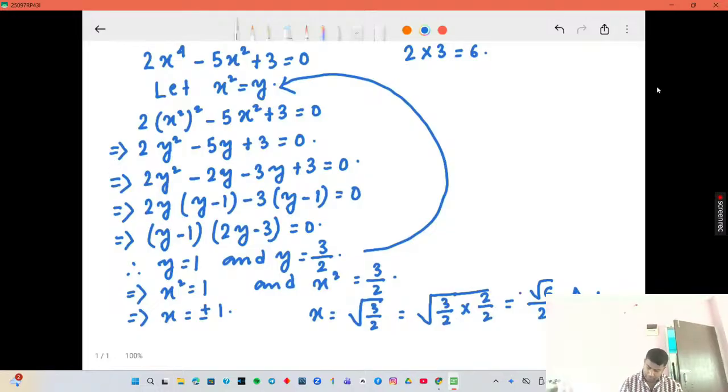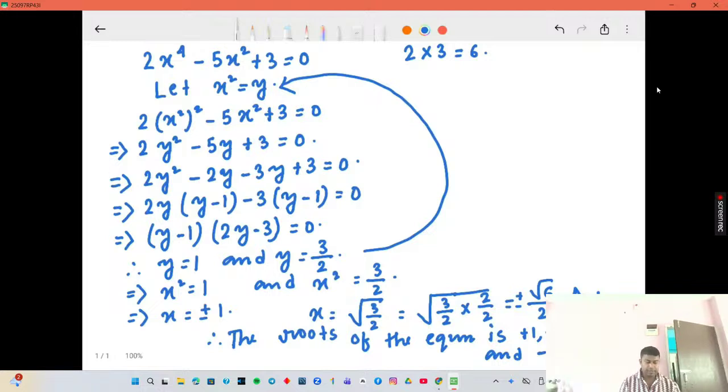Okay, so the roots of the equation are plus 1, minus 1, plus root over 6 by 2 and minus root over 6 by 2.